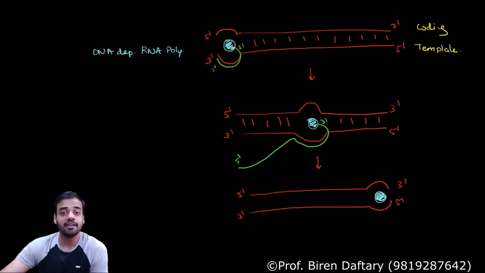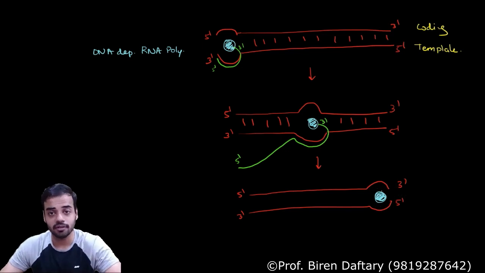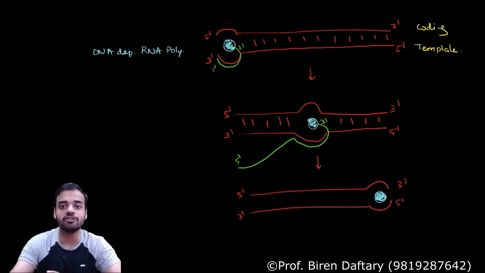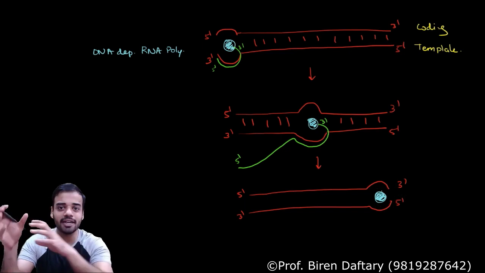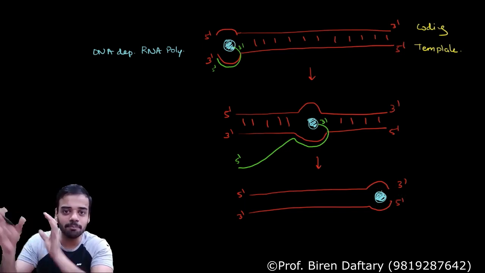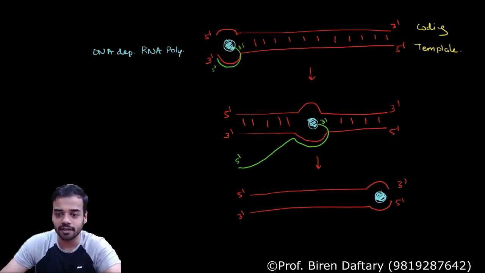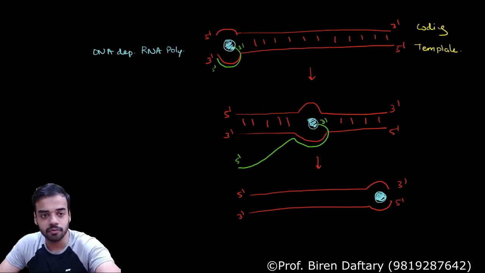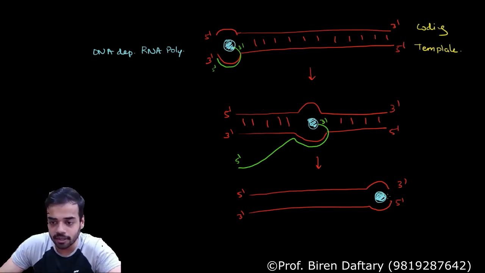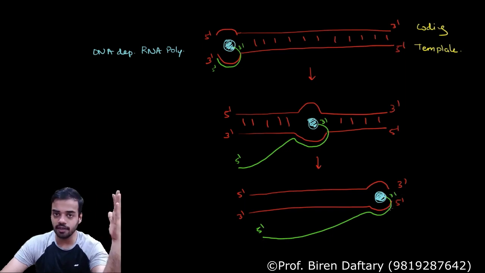The rho factor will tell it that now transcription is over. Actually it is not over, there is post transcription, but the main heterogeneous RNA or the impure mRNA formation is complete. So now again mRNA, 5 prime 3 prime. Clear?